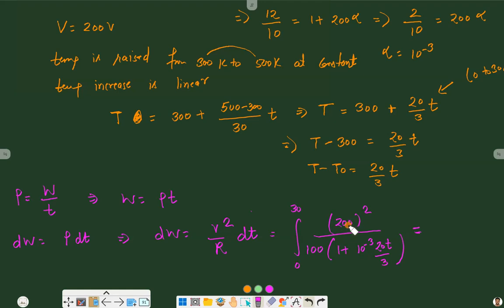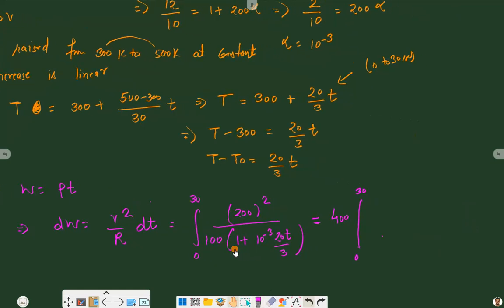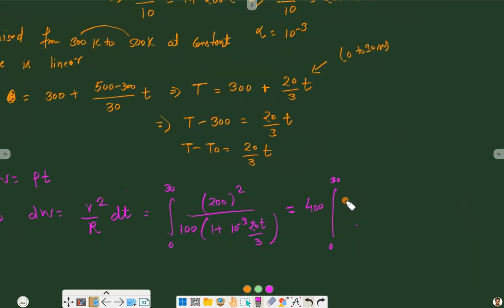This will be 200 into 200 divided by 100, so 400, with limits 0 to 30, into 1 divided by 1 plus 2 into 10 raised to power minus 2 t by 3, into dt.